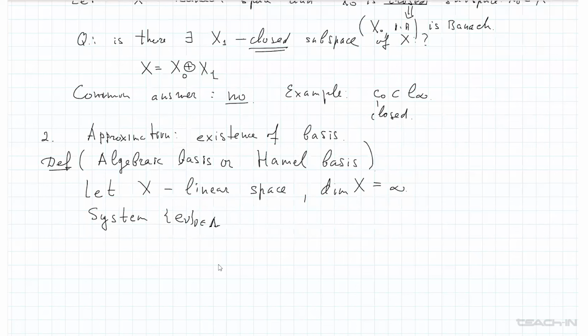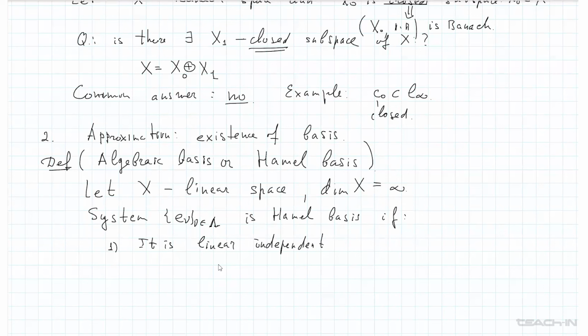I take Greek indexes, so I want to emphasize, as I said, that this system may be not countable. Is it a Hamel basis if, first, it is linearly independent?